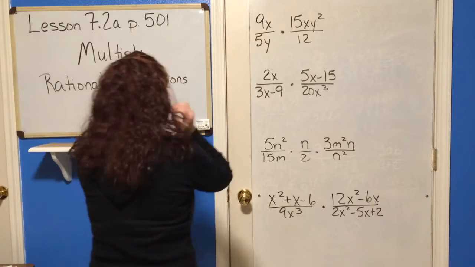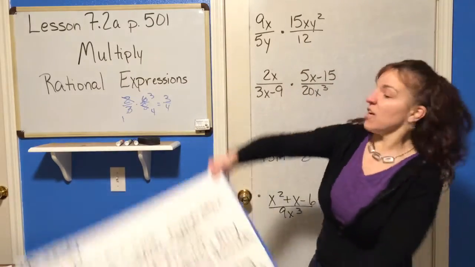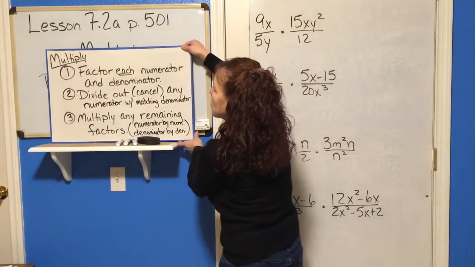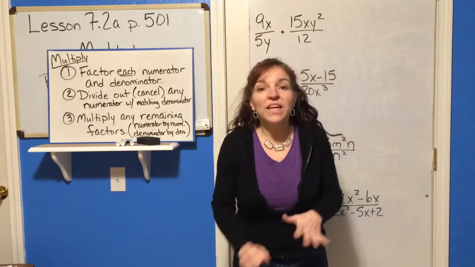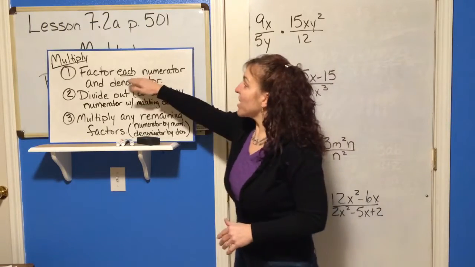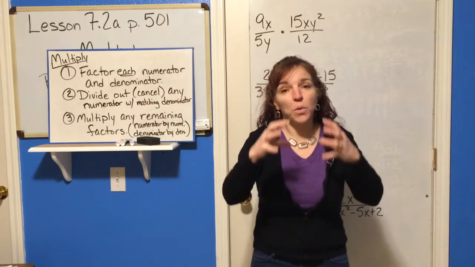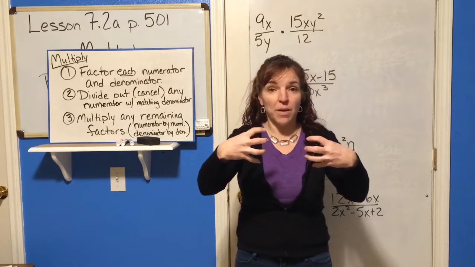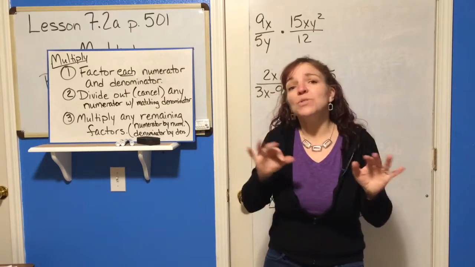What we're going to do is this. Let me get out my handy-dandy little list of steps. So when we're multiplying rational expressions, here's what we're going to do. Step 1. Factor out each numerator and denominator. So just like we did in the last section where we factored out each numerator and each denominator when we were simplifying, we're going to do the same thing.